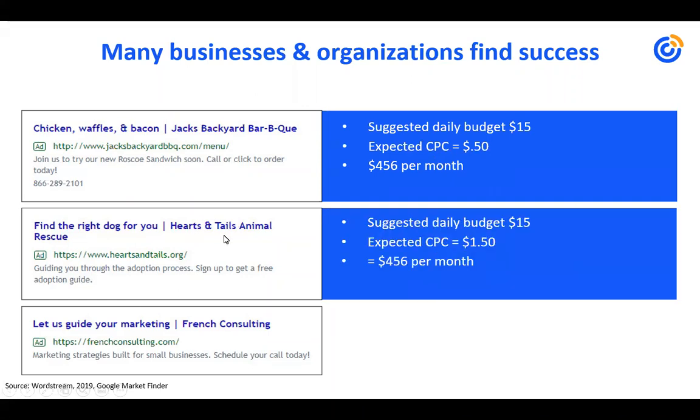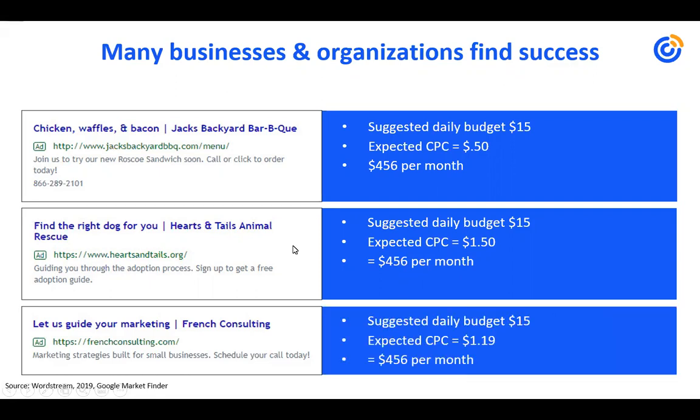For the nonprofit example, with the same budget, we could expect about $1.50 per click, with about 304 total clicks. In this last consulting example, we might expect about $1.19 per click, with about 383 total clicks.